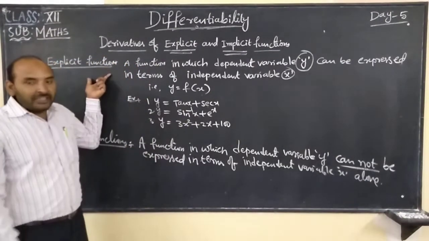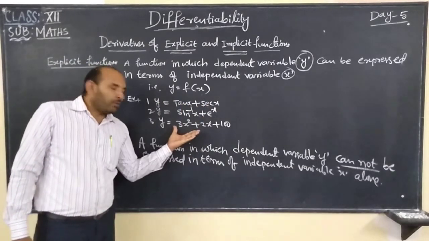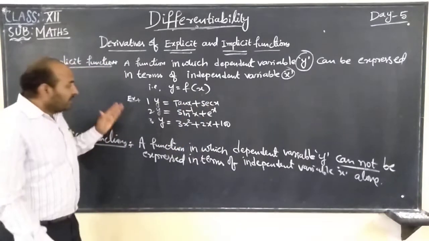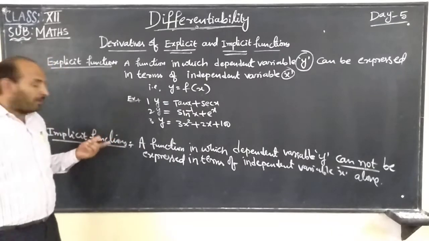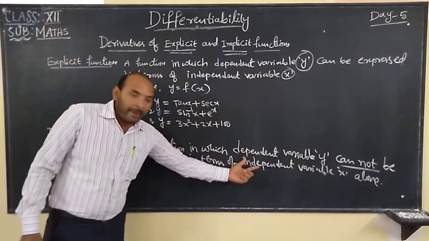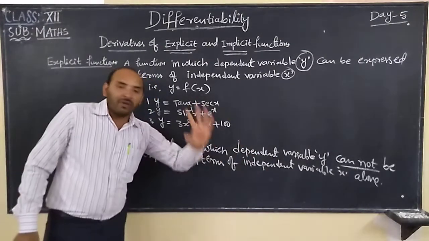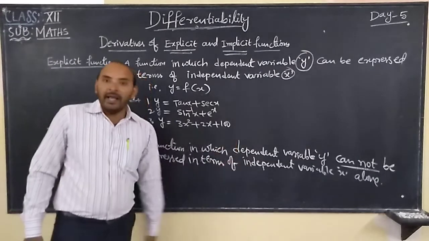Observe, in the explicit form we can clearly express y in terms of x, and we can find dy by dx easily. But some functions do not give the explicit form, and that function is called an implicit function. That means a function in which the dependent variable y cannot be expressed in terms of the independent variable x alone.